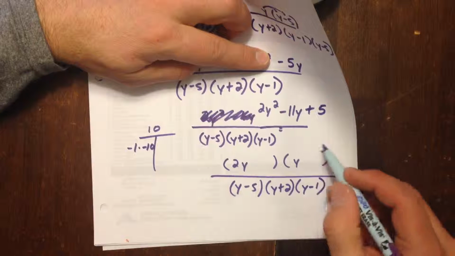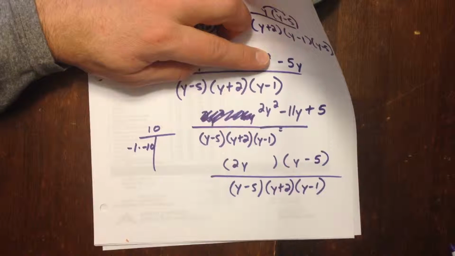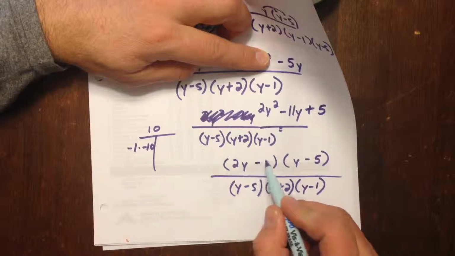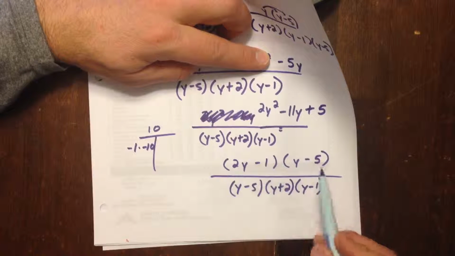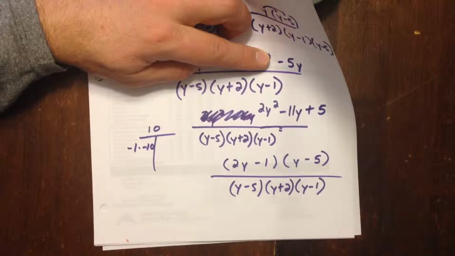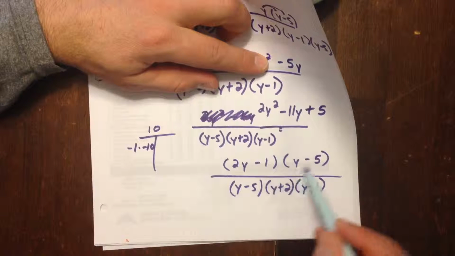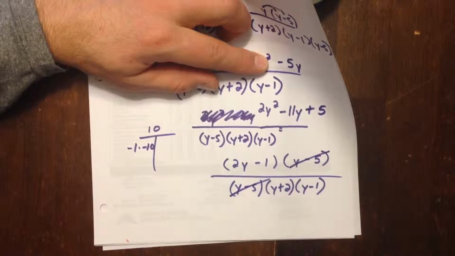Okay, so if you think about this, I need to have the -5 there, okay, and the -1 there, because when I do my FOIL, I'm going to get -10y and -1y, which is going to be that -11y. Okay, from there you see that this matches up with that.